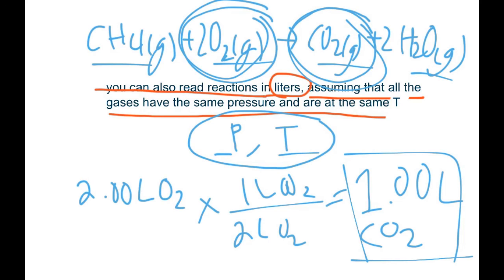But let's just say that this CO2 was a solid instead. Then I would not be allowed to convert between liters and liters anymore. I would have to look at them in terms of moles or molecules, since you can't say that for every 2 liters of O2 you have 1 liter of solid CO2, because that doesn't make sense. It only works for gases. So keep that in mind when you're doing this trick.